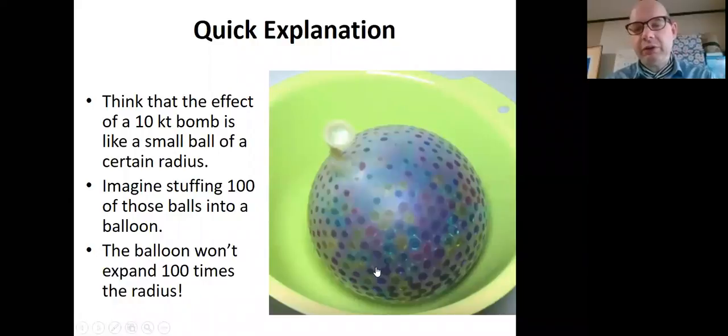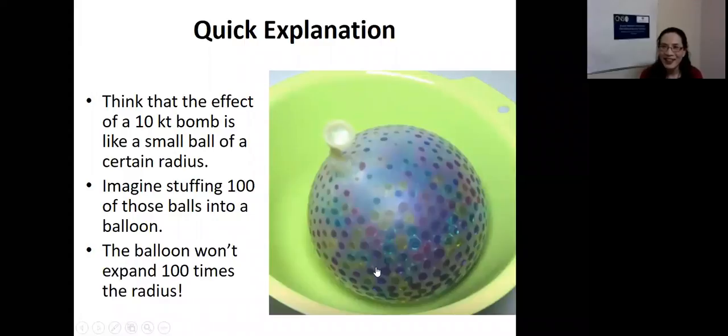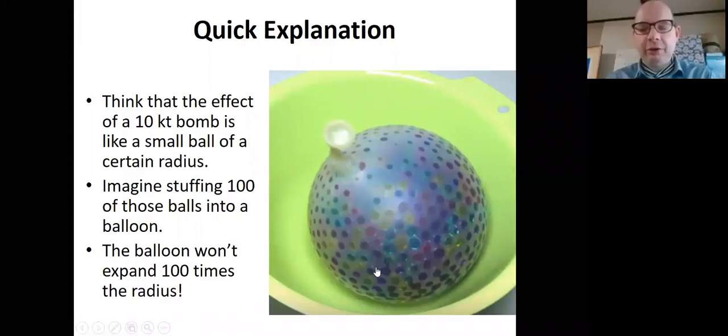If I can just take one moment, if you don't mind, to explain this a little bit better. Please do, I would like to hear that. Okay, so you have to really think of this as a balloon filled with small balls. Think of a small ball representing 10 kilotons of energy. The small ball has a certain size in terms of the effect.